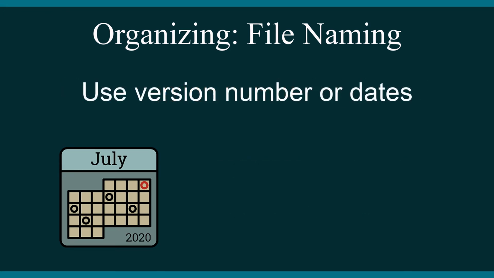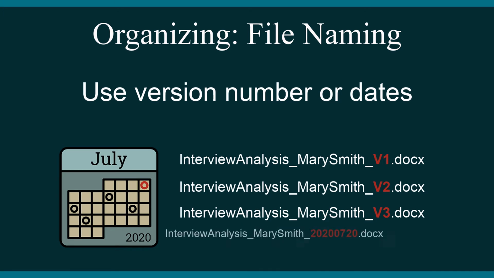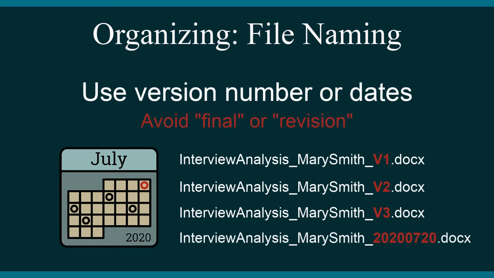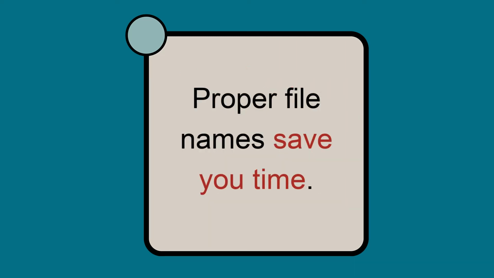If a file has multiple versions, you can integrate version numbers into your file naming convention or use dates. Avoid ambiguous terms such as final or revision. No matter how you name your files, consistency is more important than the exact method. Being consistent helps you find needed files later more quickly.